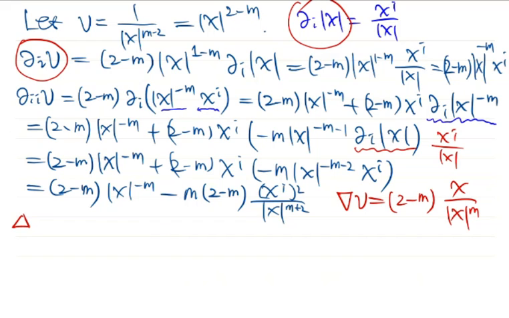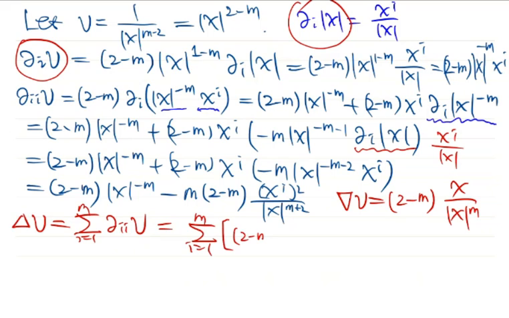And the Laplacian of v is the sum for i from 1 to m of the second order derivative of v with respect to xi, that is the sum of 2 minus m norm of x to the minus m minus m times 2 minus m xi squared over norm of x to the m plus 2.